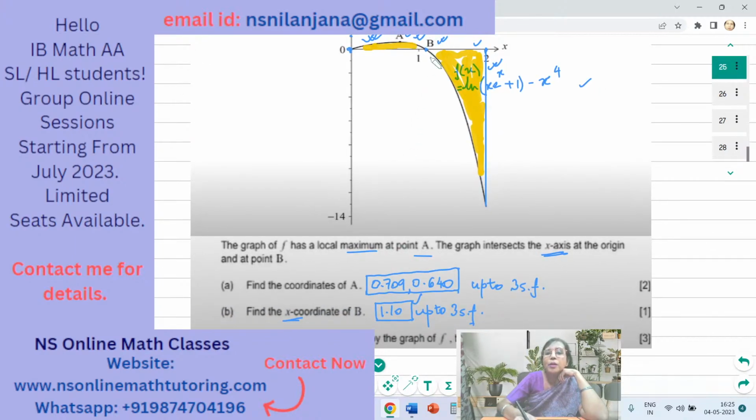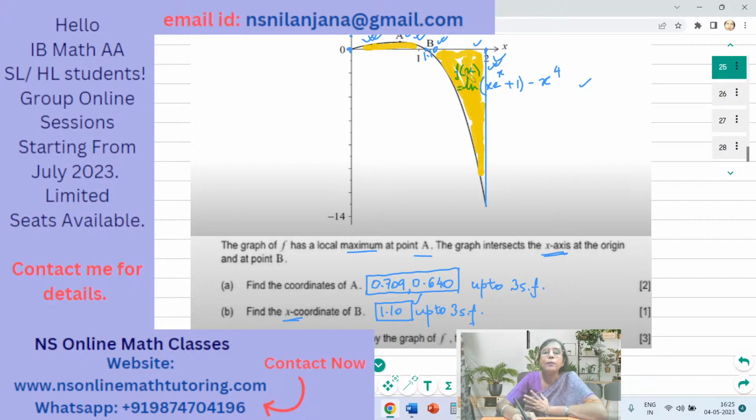So this one is 1.10. And this will be between 1.10 and 2. These will be the limits of integration for this part. And if you do the integration and substitute the limits, with all the calculations, you will be getting a negative answer for this part.